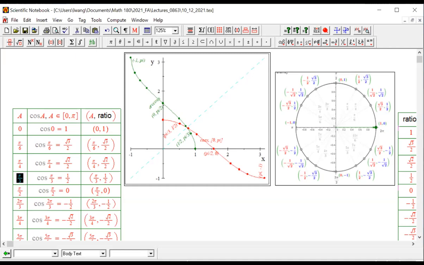For pi over 3, you would measure the angle counterclockwise, and we terminate here, and we pick a point on the terminal side of the angle. I'm quoting the definition, and we find a point. And that point we found has x coordinate 1/2, √3/2 is the y coordinate. X over r is the cosine ratio. That's how we get a half, right? So that's how we get a half.